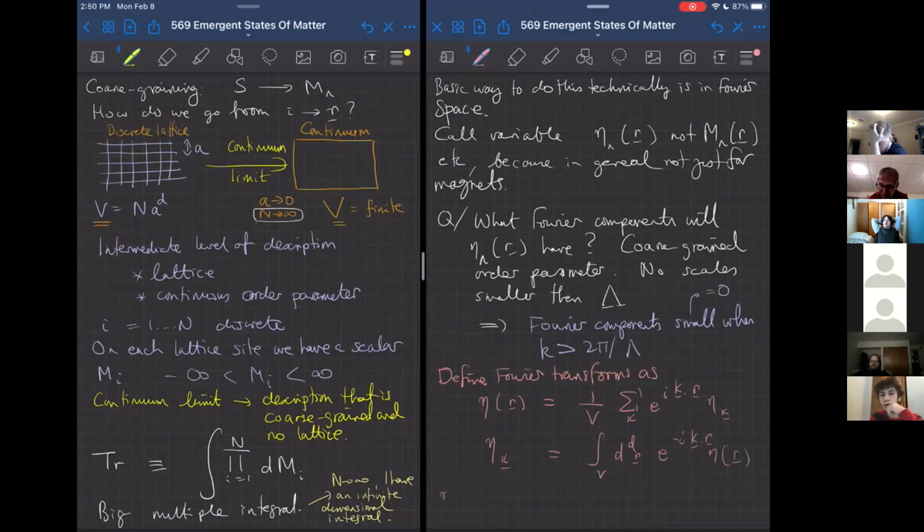And notice that eta of r is real. And so that means that eta of r is equal to eta of r complex conjugate, where star means complex conjugate.